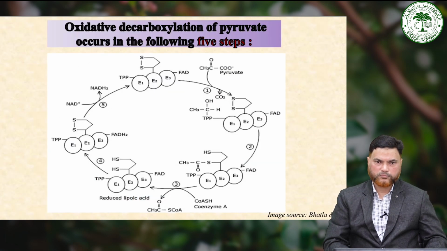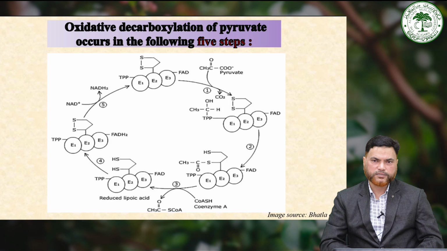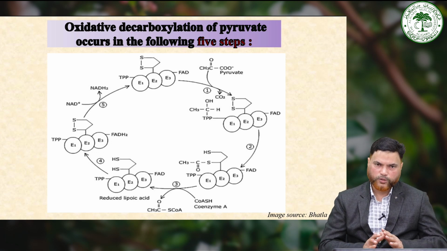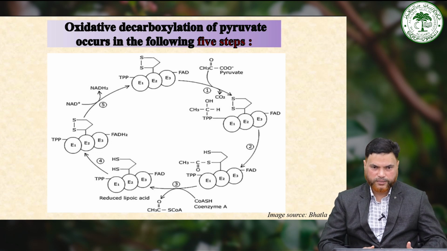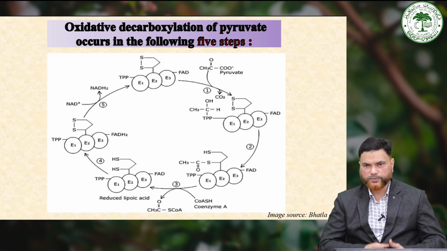Now, how the oxidative decarboxylation of pyruvate occurs. Basically, this oxidative decarboxylation of pyruvate occurs in 5 steps. So, we will go into the details of how these steps are regulated and how they lead to formation of different intermediates.